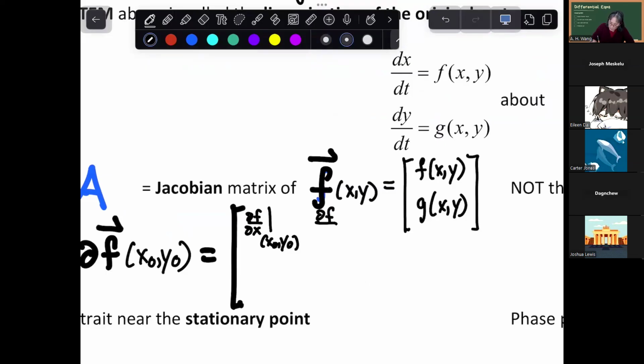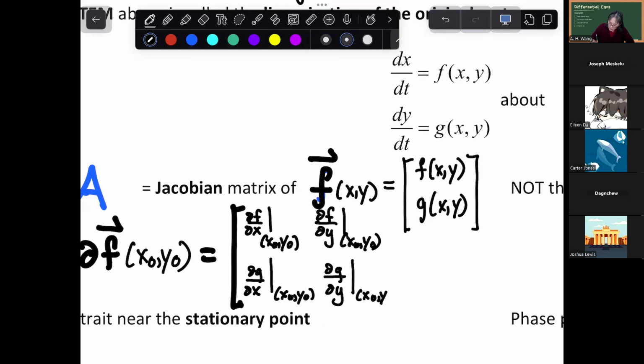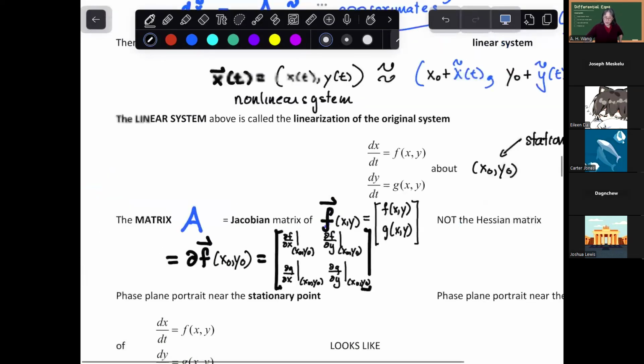Partial of f with respect to y, evaluated at x naught, y naught. Partial of g with respect to x, x naught, y naught, partial of g with respect to y, x naught, y naught. Okay, so this is the Jacobian matrix.